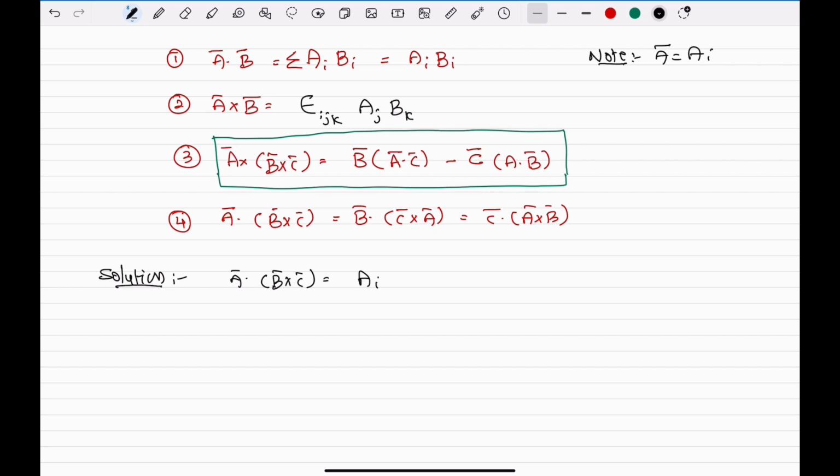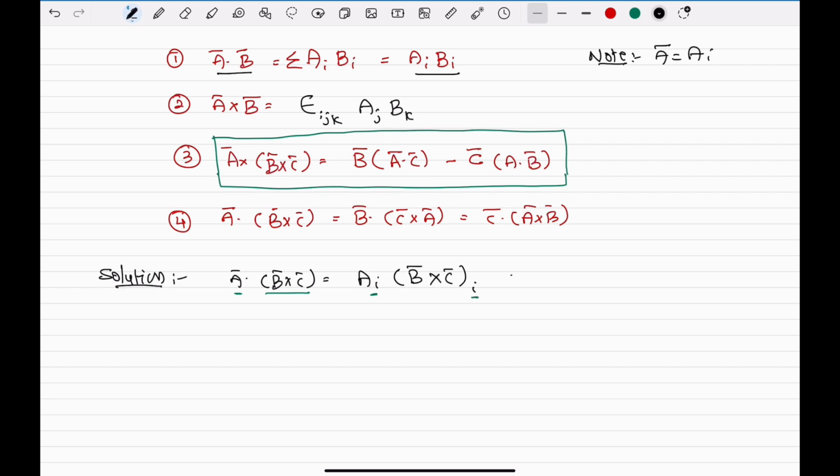And a dot between them is nothing but B dot B cross C. This is I. Please see the notation. For A we have put I, and for the dot product we have put I. A dot B is equal to AI BI. This is the definition for dot product.